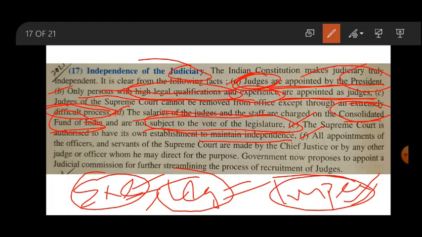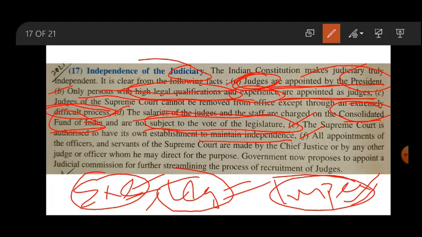So the appointments are made by the Chief Justice or any other officer that has been given the power by the Chief Justice, okay, that belongs to the judiciary.